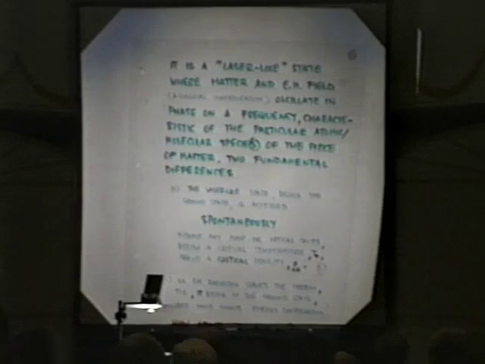Now, for this approach, the ground state is a laser-like state where matter and field, which finds itself now not in the perturbative ground state, but in a classical configuration of large amplitude, oscillate in phase on a frequency or set of frequencies which are characteristic of the particular atomic molecular species of that particular piece of matter.